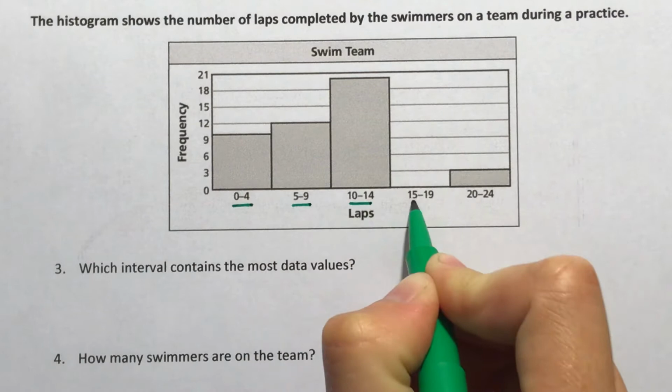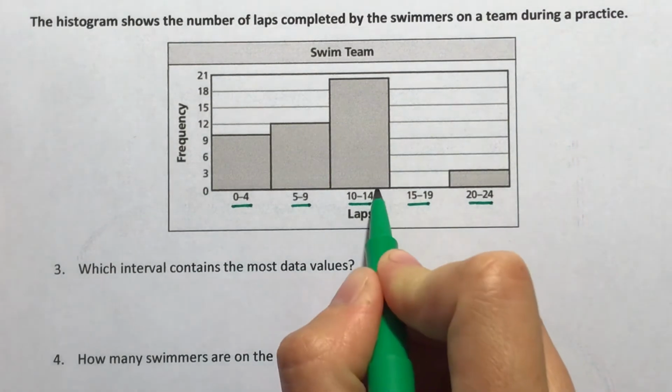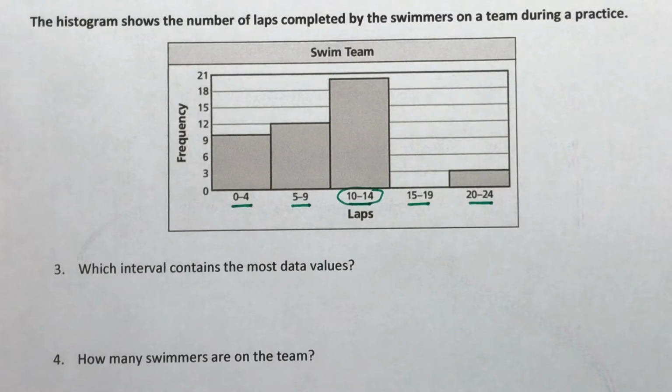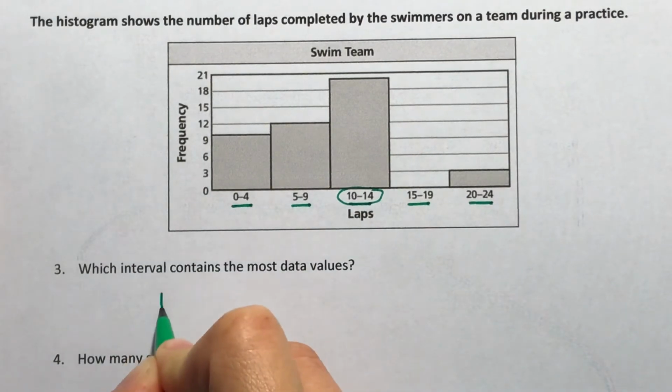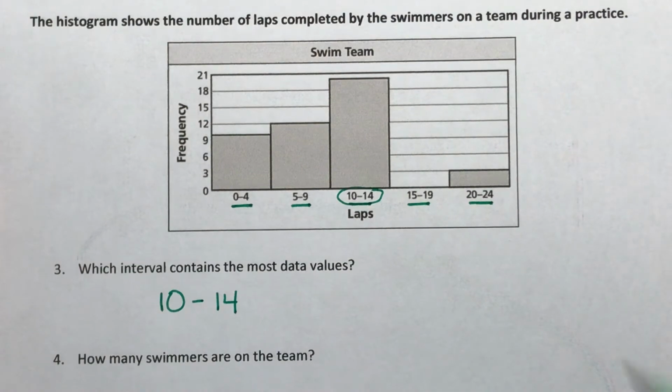These are my intervals, my different chunks of data. So I want to know which one contains the most data. I'm just looking for which one has the most, so that would be the highest bar on my graph. I can see right now that the 10 to 14 range has the most values in it. It is the highest bar. So that one contains the most data.